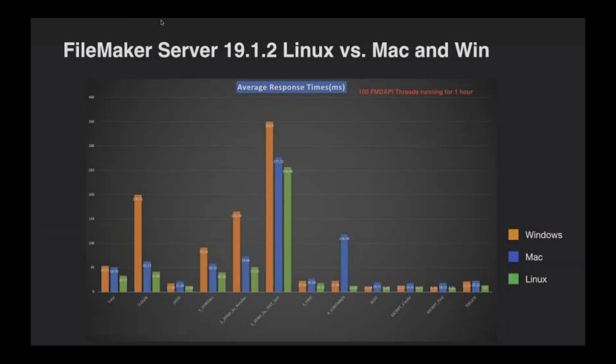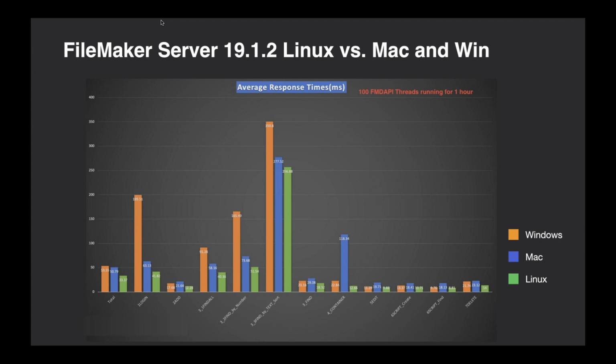So next, let's take a look at FileMaker Linux Server as it compares to our macOS and Windows servers. On this slide, you see a graph which represents a performance comparison of our macOS, Windows, and now Linux servers. Orange represents our Windows server, blue is our Mac server, and green is FileMaker Server on Linux. A shorter bar means that it's faster.